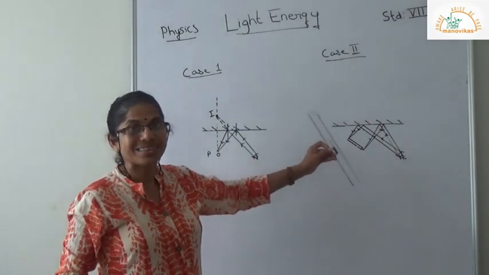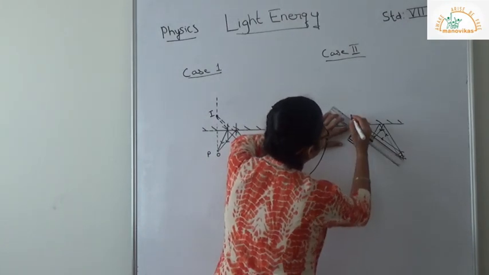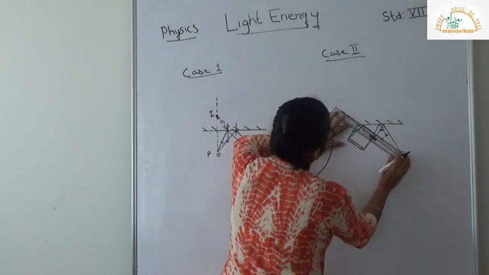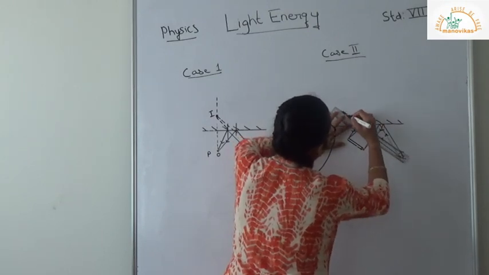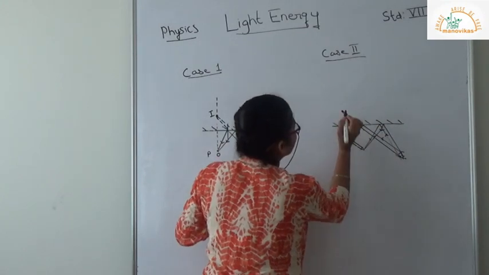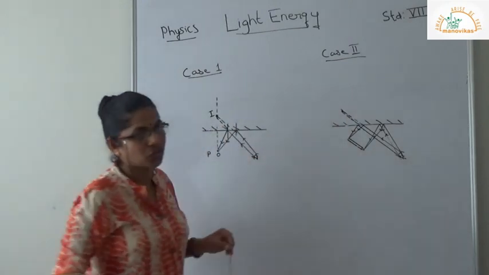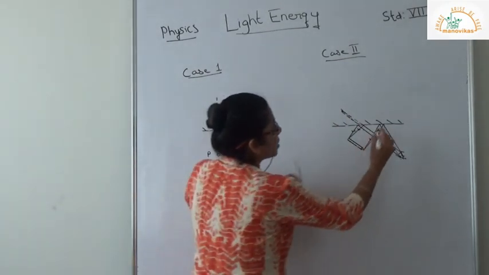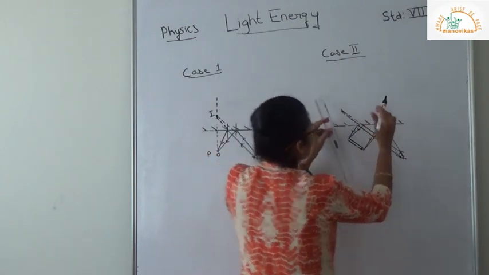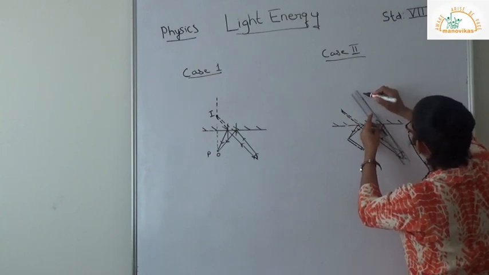So when you produce these rays backwards, you're going to get a point somewhere here. That means this position is this position, correct? And when I produce these rays backwards, they are also going to meet at one point.